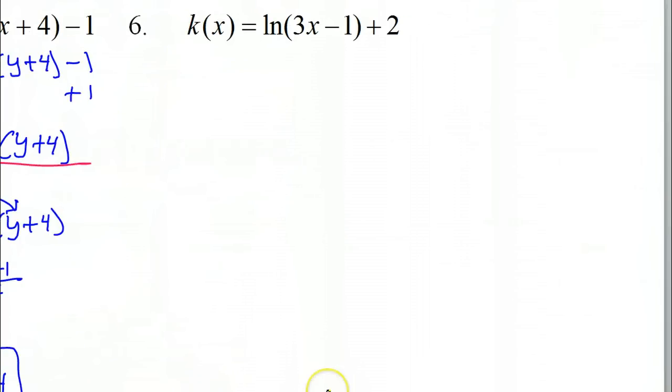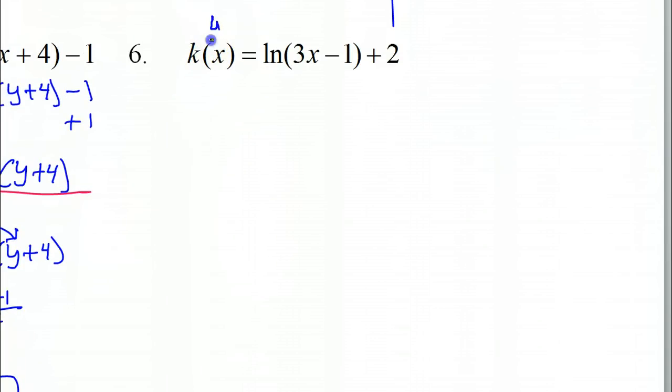Ln, natural log. Please remember that this is an invisible base e. We will need that fact later. So since this is really like having y equals, as I switch x and y, I will have x equals natural log 3y minus 1 plus 2.